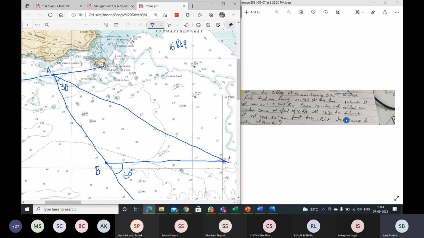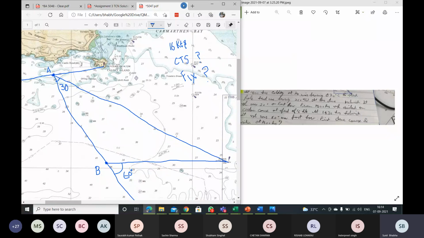Okay. Now further the question says, find the true course steered and the position of the ship at 1800 hours. So we need to find the CTS and the fix. So now I have all the information which was given in the question. I have it plotted on my chart.